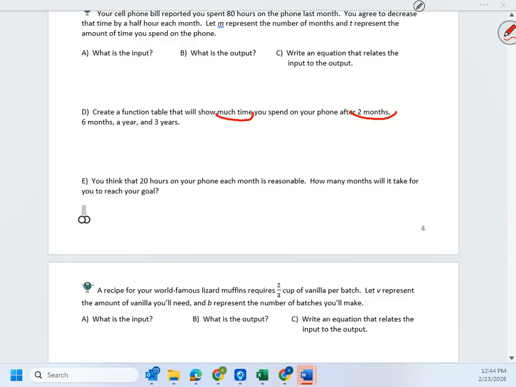So what am I putting in? Am I putting in time or am I putting in months? Yeah, because it has the months listed right here, right? That's the number I'm putting in. It said months, so that's my input. Then your output is your other variable, so that one's going to be the time.